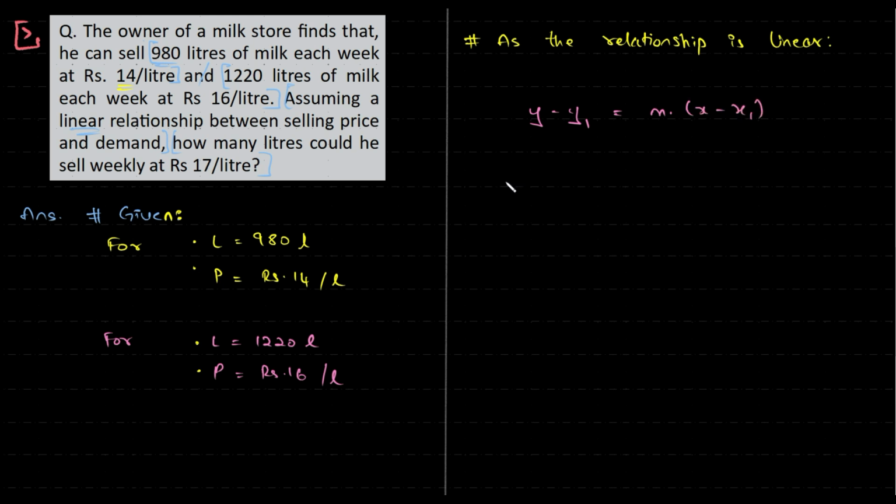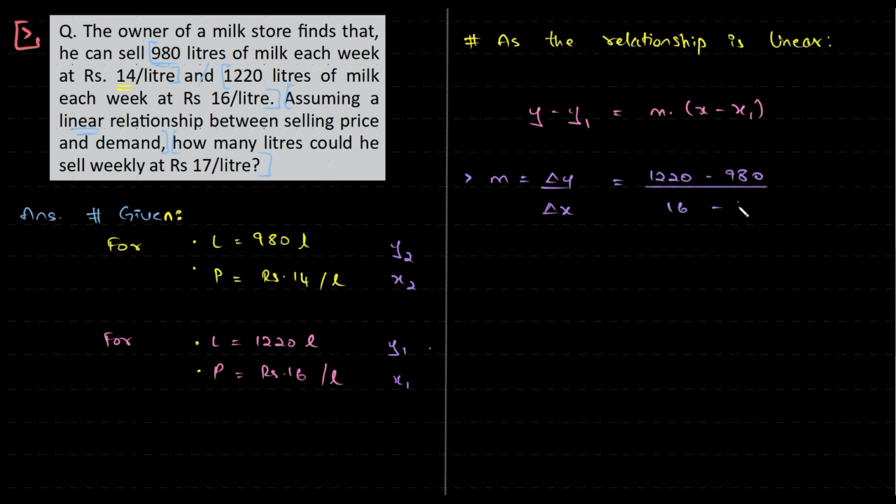So we can figure out the m value with this being y2 and this being x2, and this is y1, x1. So m is equal to change in y by change in x. Let me take this as 1 and that as 2. It doesn't matter which we use first, but it has to be the same sequence in the numerator and denominator.